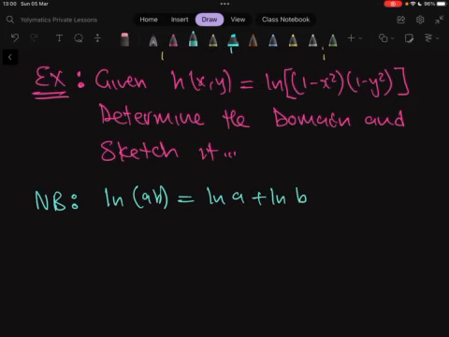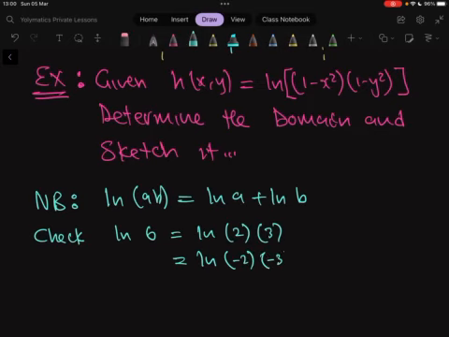You see? This is very dangerous, because let's check something. Let's say I have ln of 6. This is the same as ln of 2 plus ln of 3, which is the same as ln of minus 2 times minus 3.